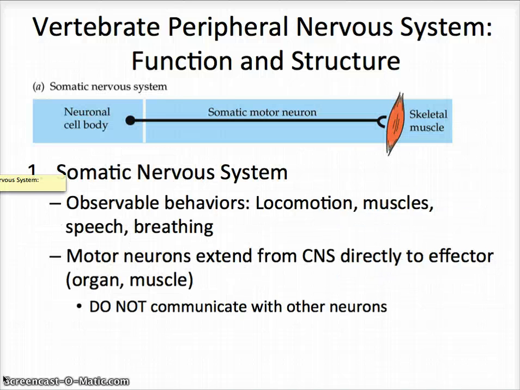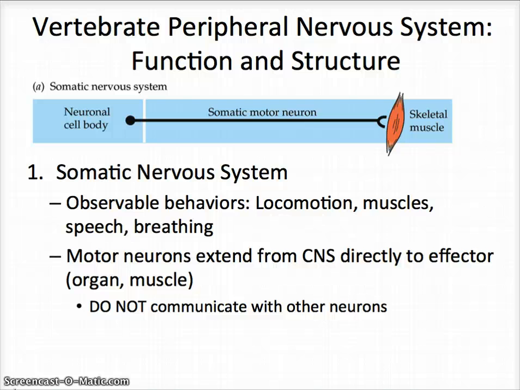And in those different segments of the peripheral nervous system, the neurons themselves have different structure. Again, this is related to the different functions that they perform in these different subdivisions. So in the somatic nervous system, which is our observable behaviors, or our voluntary nervous system, we're talking about things like locomotion and movements, including the muscular system.